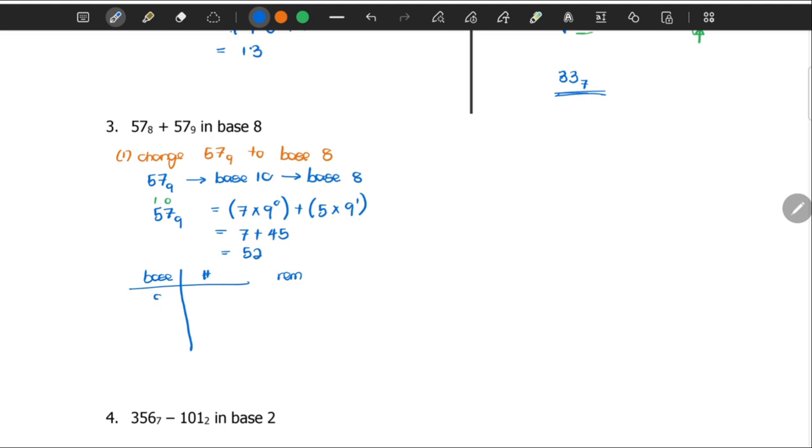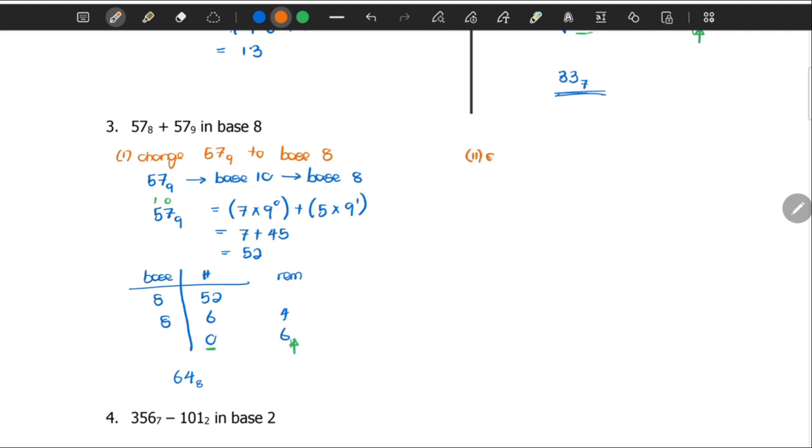The base we're changing to is 8. The number we're starting with is 52. 8 into 52, that's 6, remainder 4. 8 into 6, that's 0, remainder 6. Since we've reached 0 here, we read our number from the bottom up, so it becomes 64 base 8.